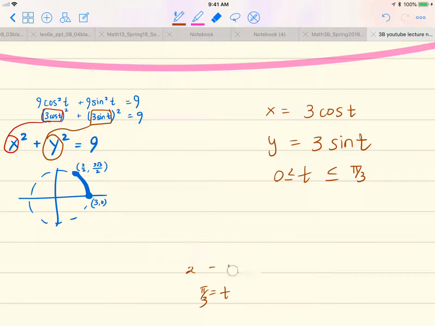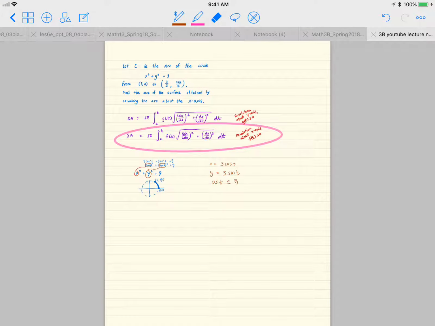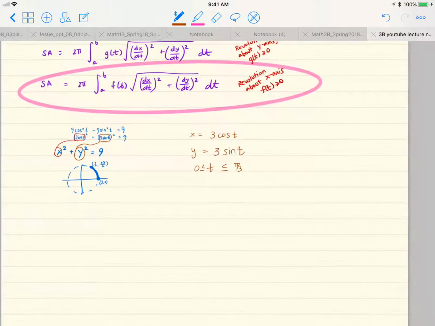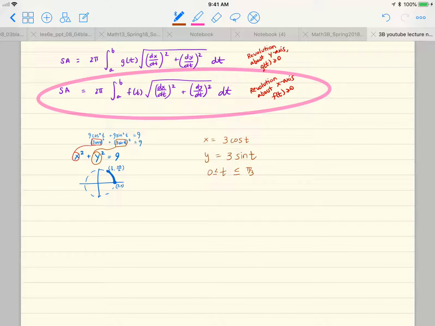So now this is helpful because we are ready to just plug these values into our equation for the area of our surface of revolution. Okay, so SA is equal to 2 pi, the integral where a is 0 and b is pi over 3.